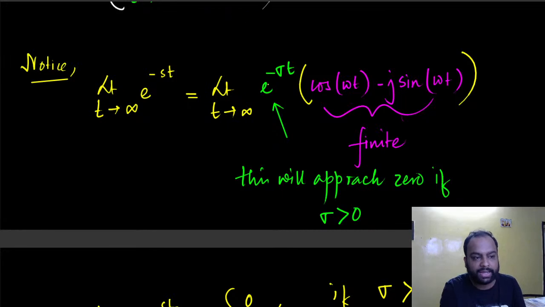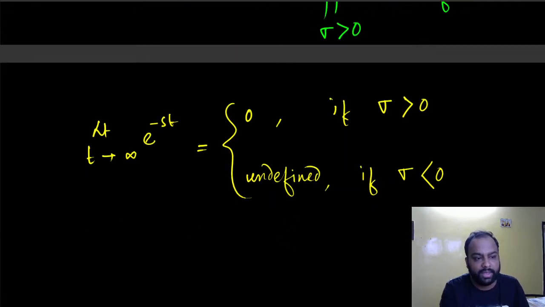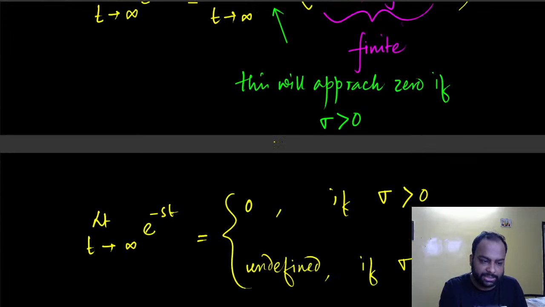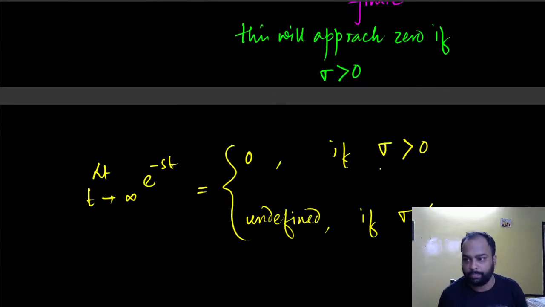So that will be positive infinity multiplied with possibly many different complex numbers, so it will not converge. Subsequently the limit is not infinity but undefined if sigma is a negative number. But if sigma is a positive real number, then e to the power minus sigma t converges to 0, and 0 multiplied with a finite number also gives 0. So the limit is 0 if sigma is greater than 0.